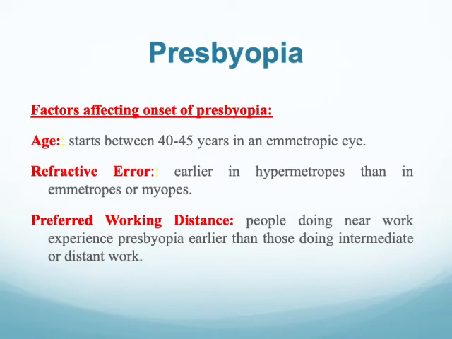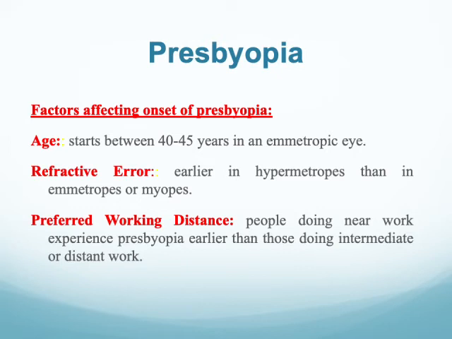On the other hand, myopes never use their accommodation because accommodation makes the eye more myopic, so they don't use it, and that's why they are able to see near objects. If you have a myope of -1 or -2, he will be able to see near objects clearly, although he is not able to see far objects. So the second factor affecting the onset of presbyopia is the refractive error.